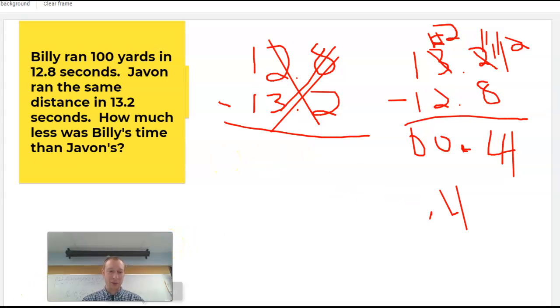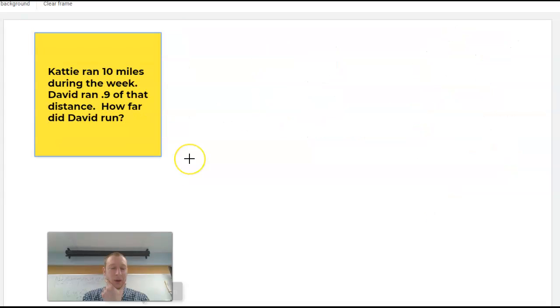Let's try another one. Hopefully I won't get as messed up this time. Okay, last one. Katie ran 10 miles during the week. David ran 9/10 of that distance. How far did David run? All right, so let's see. We got Katie who ran 10 miles, and David ran 9/10 of that distance.